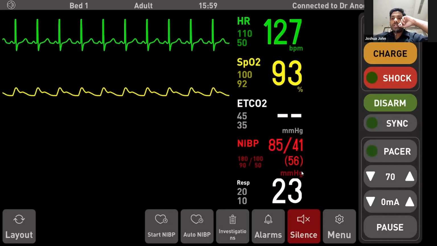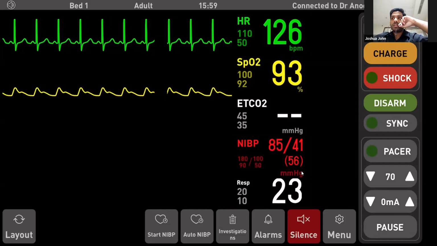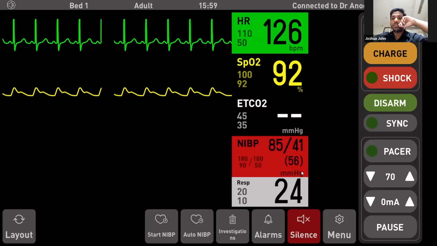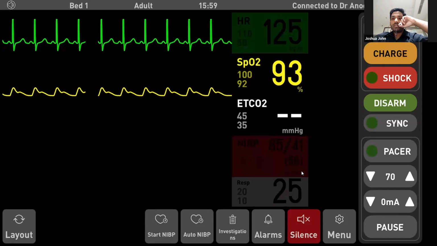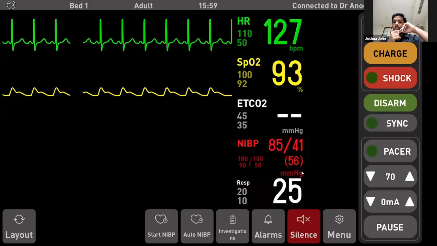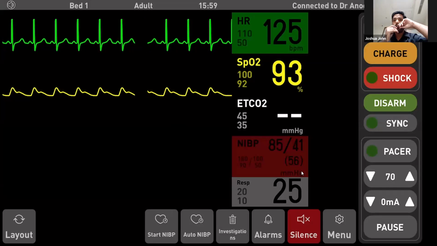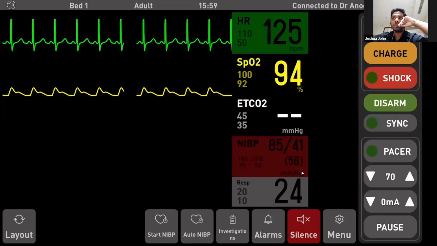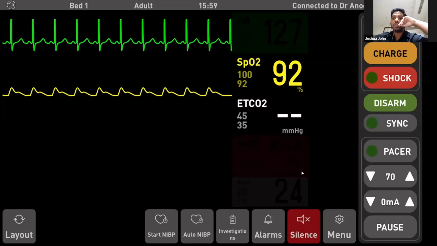I would take blood while installing the IV cannula to send for investigations: a complete blood count, the coagulation profile, and liver functions, along with PT-INR. I would like to have a quick ABG to know the present hemoglobin level, and I would also send blood for blood grouping and cross matching.